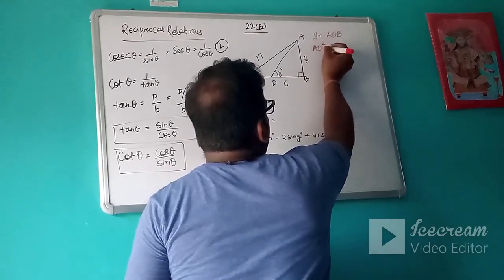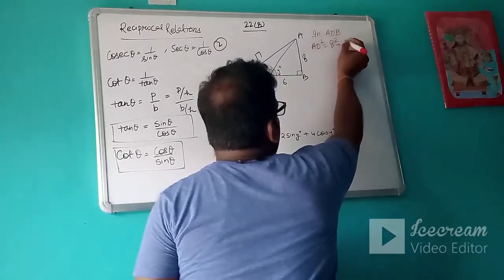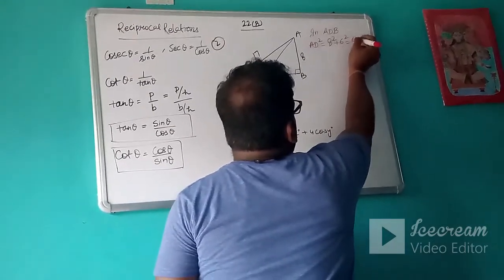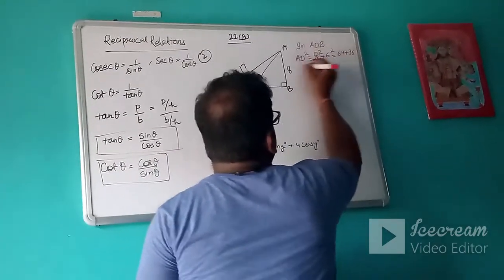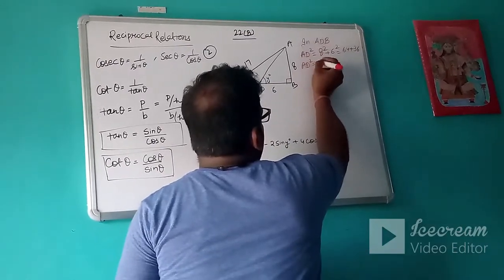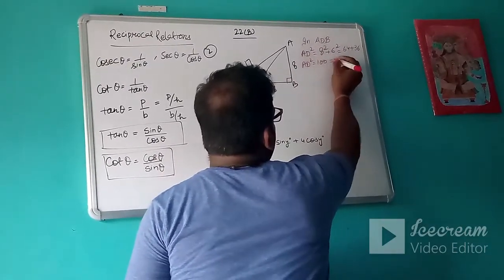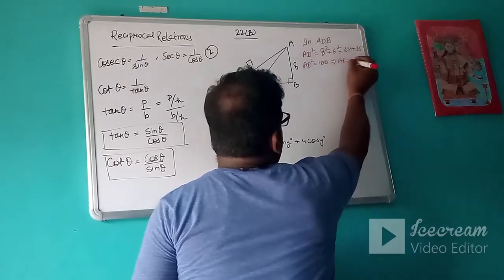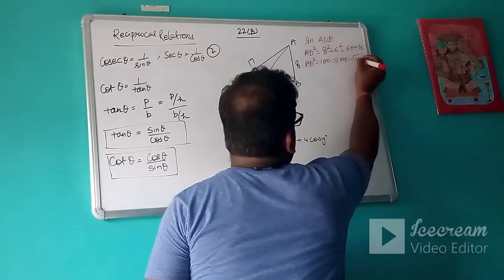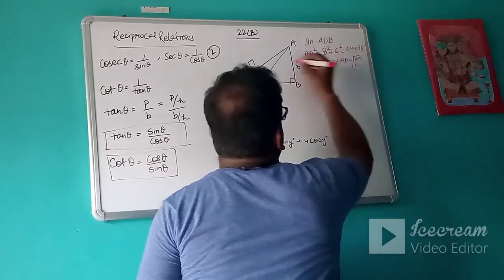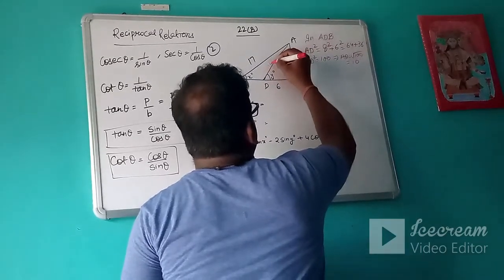AD square will be 8 square plus 6 square, or 64 plus 36. So AD square is equal to 100. That means AD will be square root of 100, that is 10.